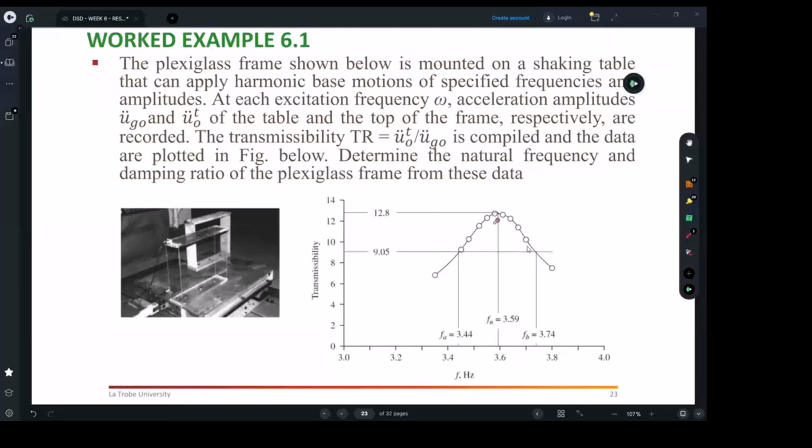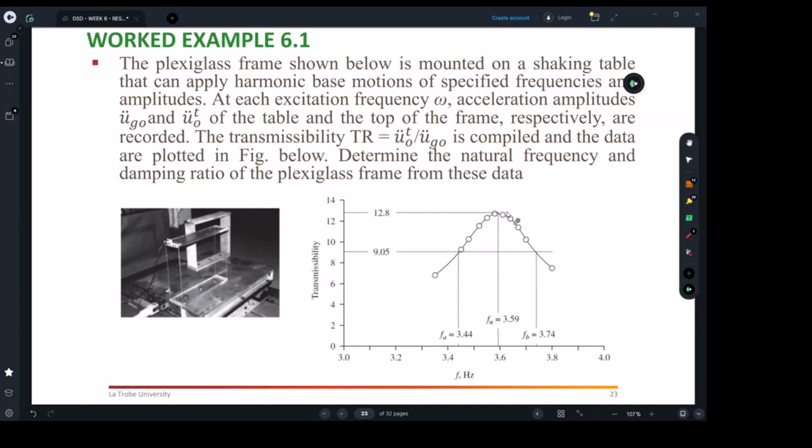As you're doing tests, we plot the RD or RA values. In this case, we're plotting transmissibility. As we plot them, we just want to see when the curve has started decaying in value. That means we have already reached the resonance behavior. Sometimes you can feel the system shaking.